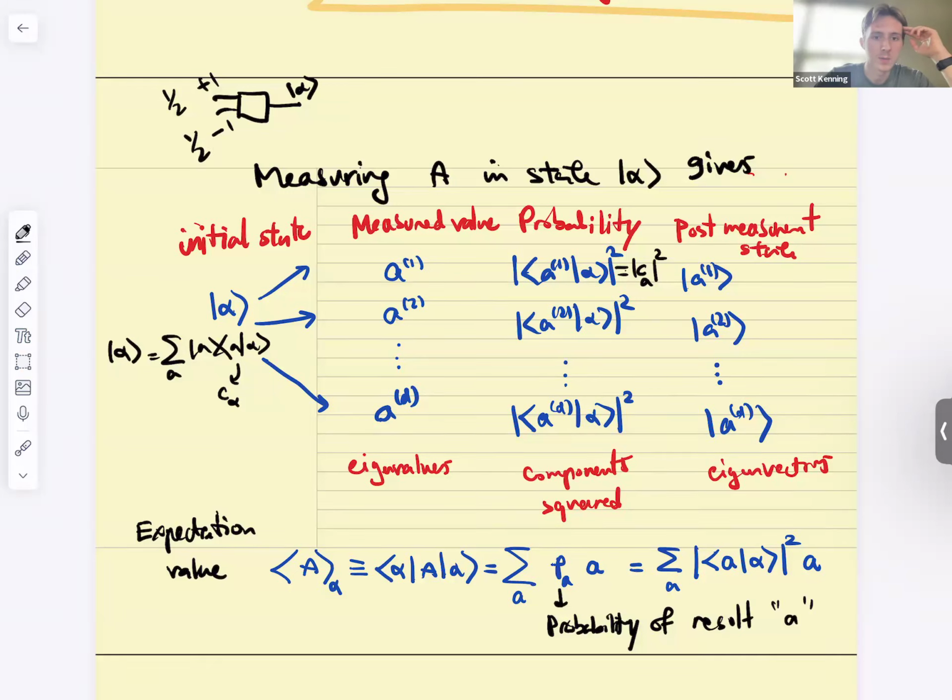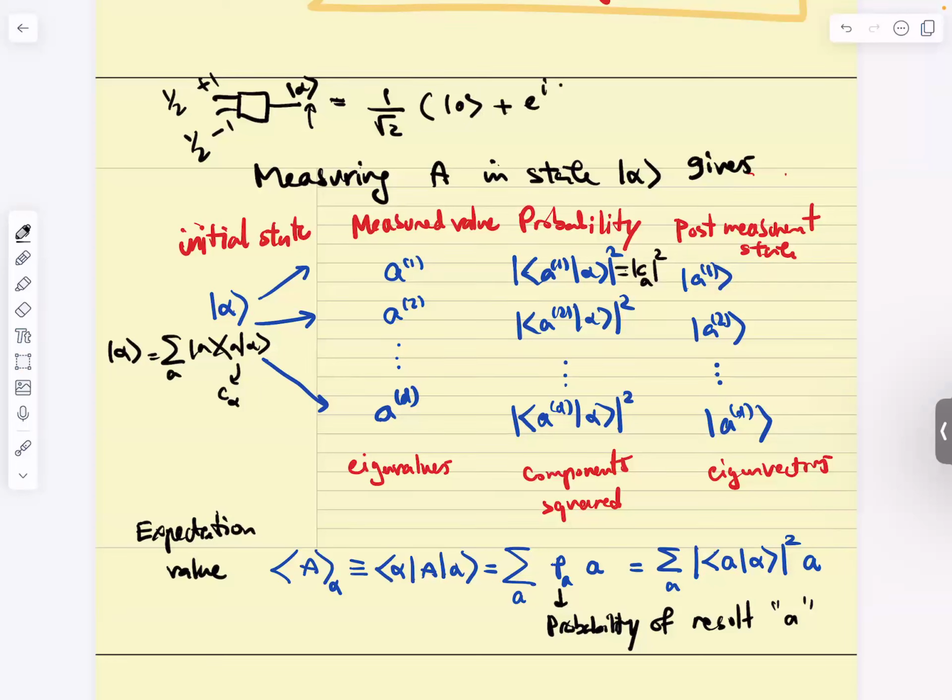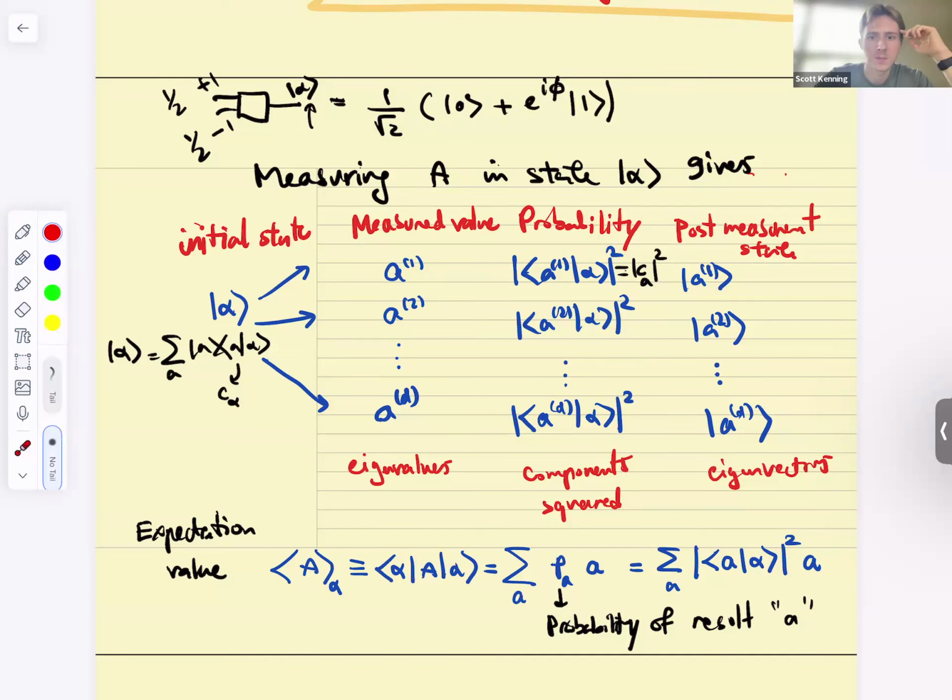But that will depend on the initial state, right? Yep. If the initial state is anything that looks like this, you could calculate it, and it comes out as half-half. Because what are C0 and C1? C0 is 1 over square root 2.